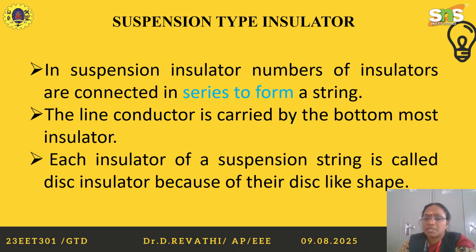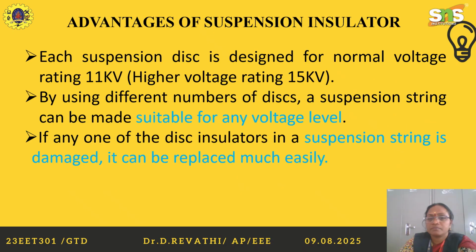As already mentioned, the number of discs connected in series is based on the voltage level. The advantages of suspension type: it is designed for normal voltage rating 11 kV and higher voltage rating 15 kV. By using the number of discs, a suspension string can be made suitable for any voltage level.